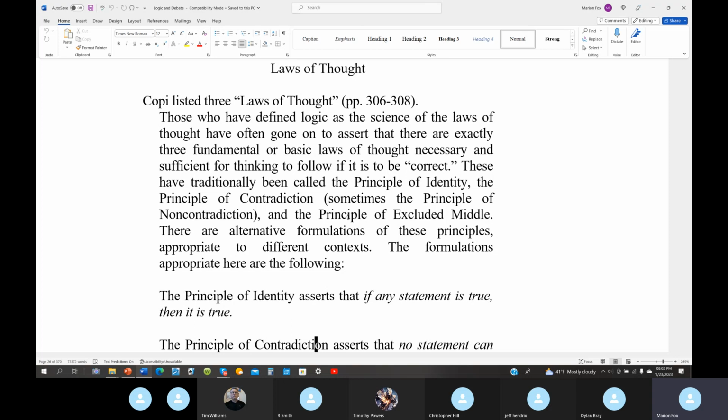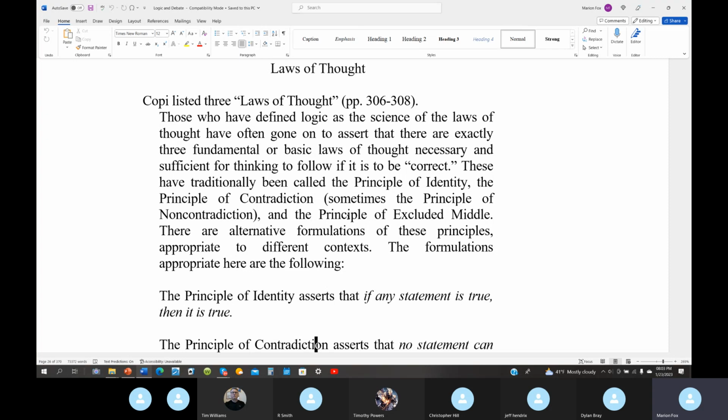The words necessary and sufficient have special meaning in logic, so we'll get to that later. For thinking to follow, if it is to be correct. By correct, of course, he means valid, and sound, both valid and sound, right?